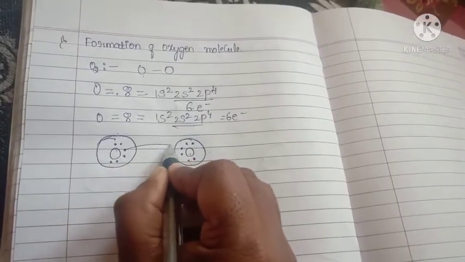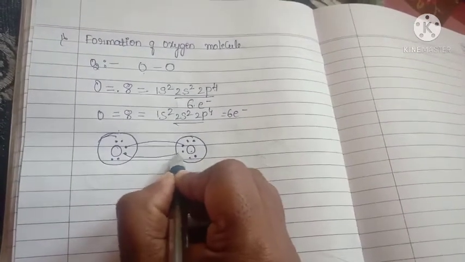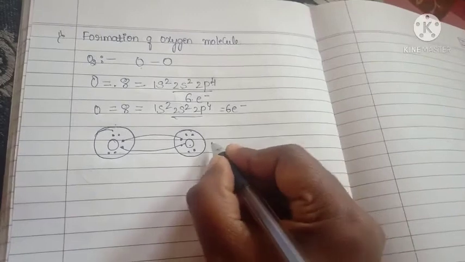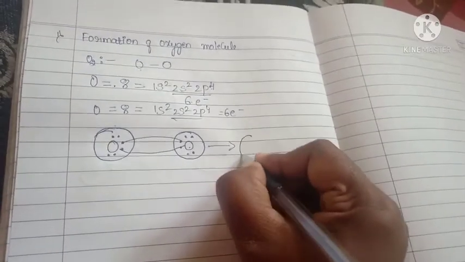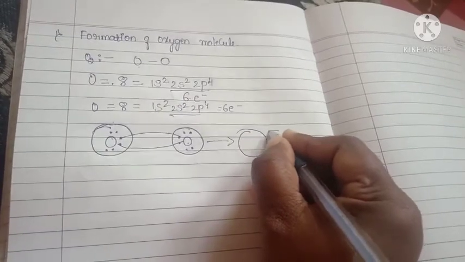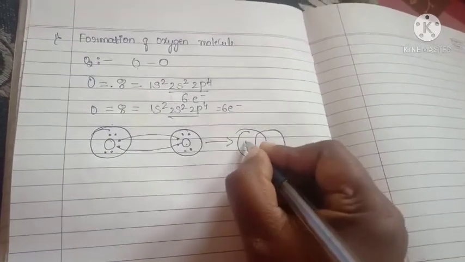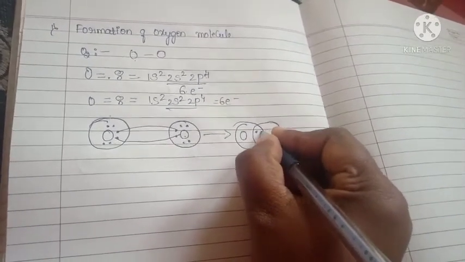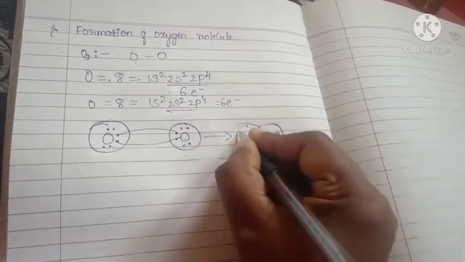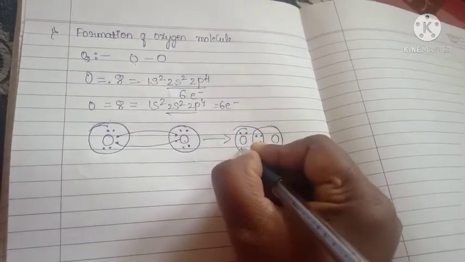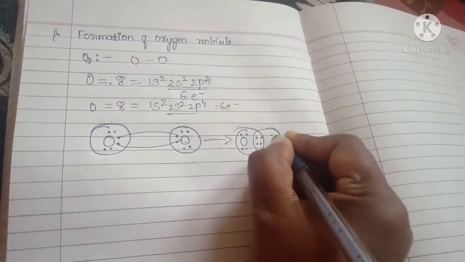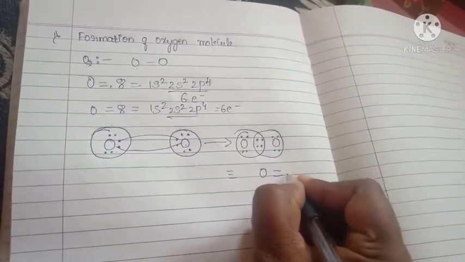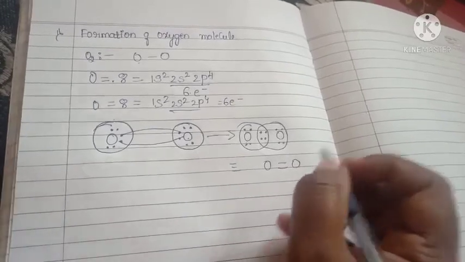It means they are mutually sharing 4 electrons, and it forms like this: oxygen and another oxygen, with 4 electrons shared and the remaining 4 electrons here. This is equivalent to oxygen double bonded with oxygen.